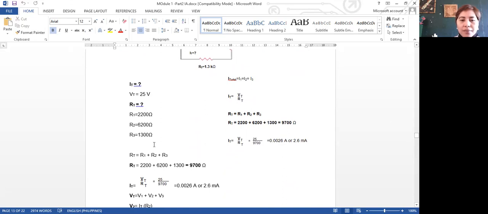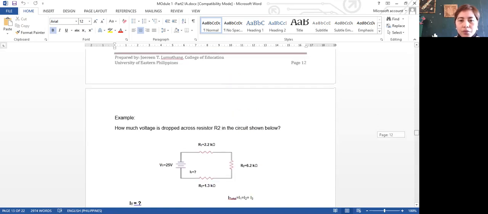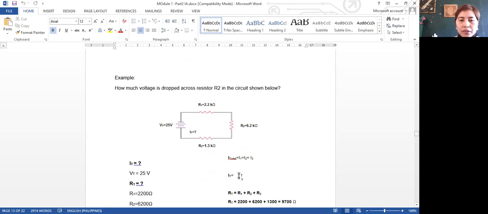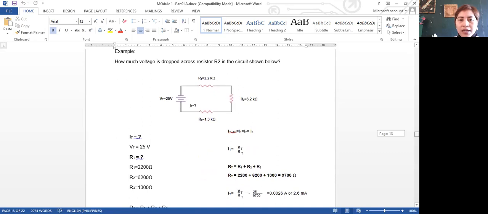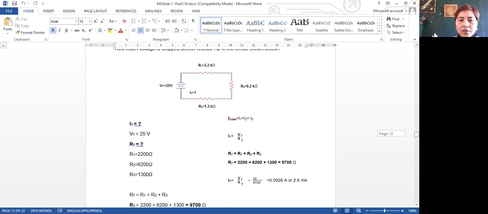So if the given for R1 is 2.2 kilo ohms, for R2, we have here 6.2 kilo ohms, and for R3, it's 1.3 kilo ohms. Of course, before we add all this, the first thing that we're going to do, for us to have an accurate result, is to convert this into ohms.